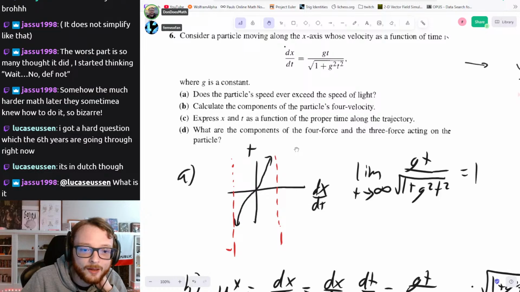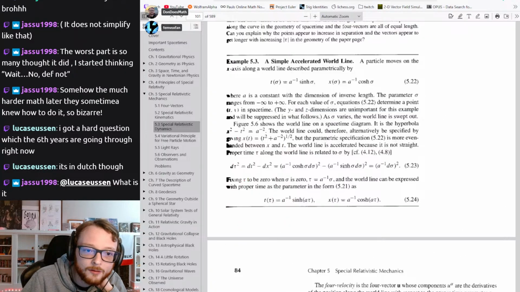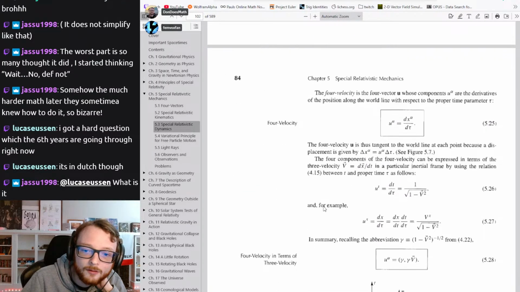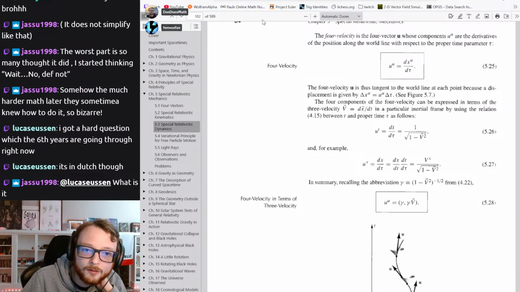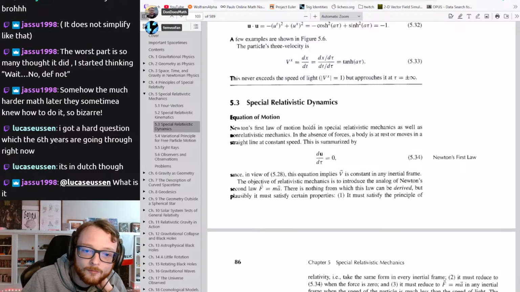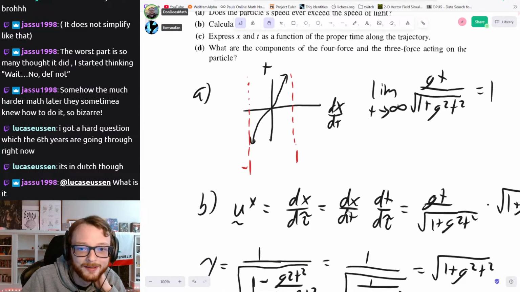Okay, express x and t as a function of proper time along the trajectory. I think we can just integrate. And I hope there's nothing more complicated than that to it.